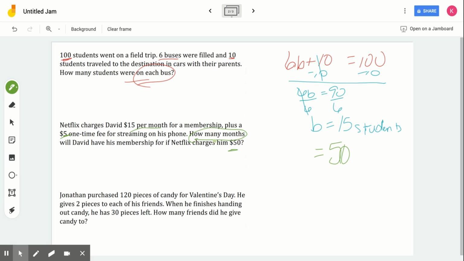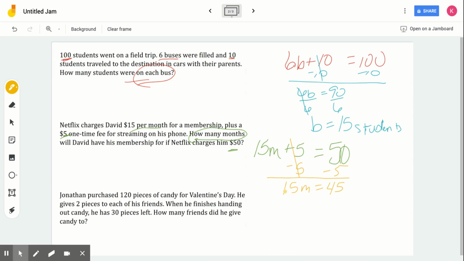If we have $15 per month but an unknown number of months, that's 15 times however many months plus the $5 fee. Now here again, if we want to go through and solve this, we can use those inverse operations. So the opposite of adding 5 is to subtract 5. 5 take away 5 is 0, cancel, so we're left with 15m equals 50 take away 5 is 45.